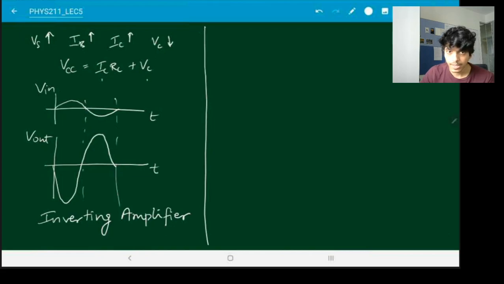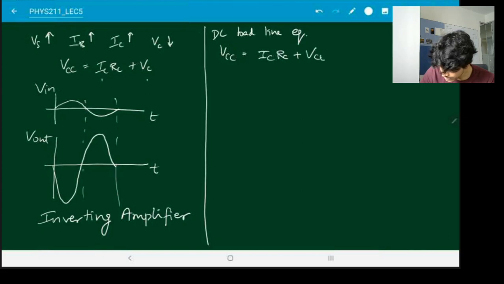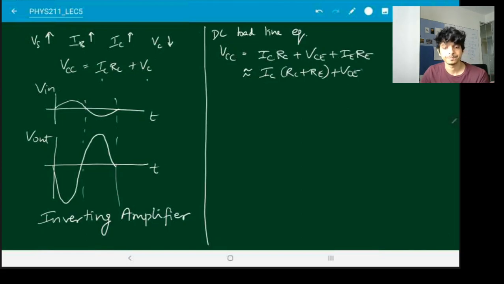Let's talk about the load line a little bit. So the DC load line equation was given by VCC equals ICRC plus VCE plus IERE. Or if you are willing to assume that IC and IE are roughly the same, then we will just say IC times RC plus RE plus VCE.